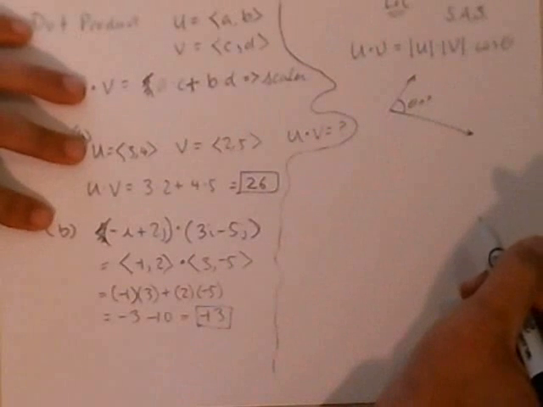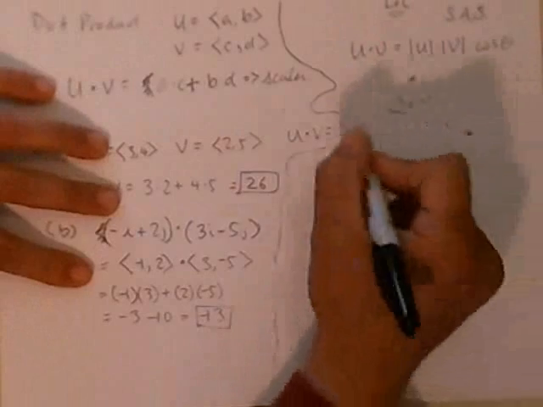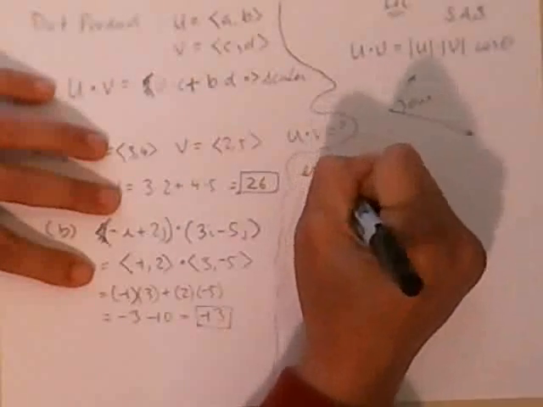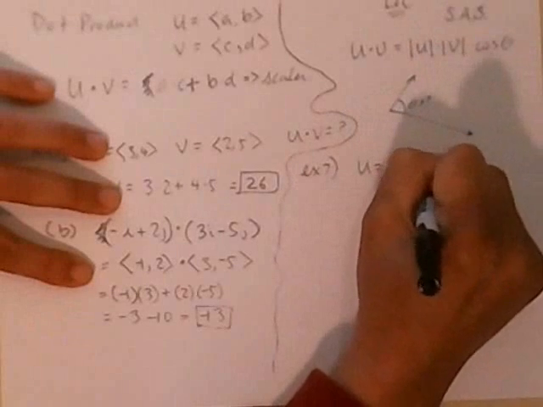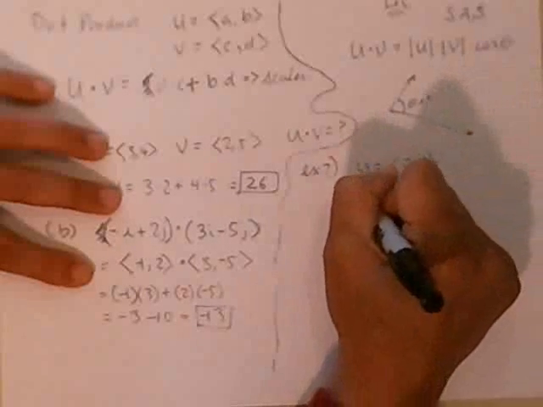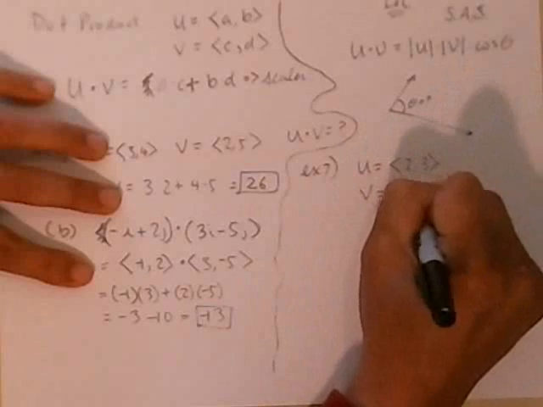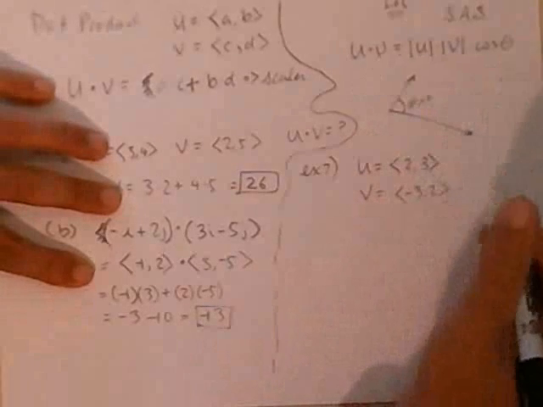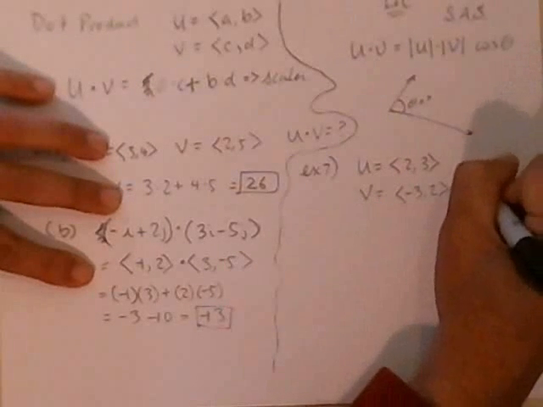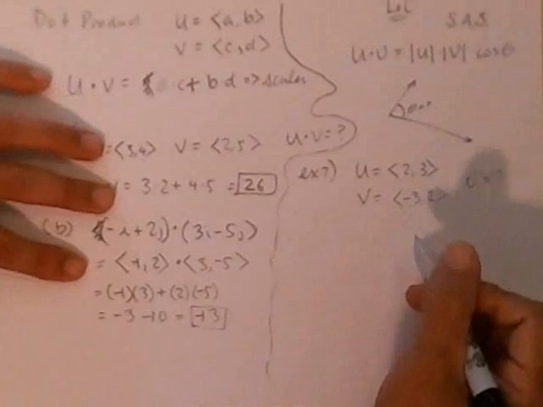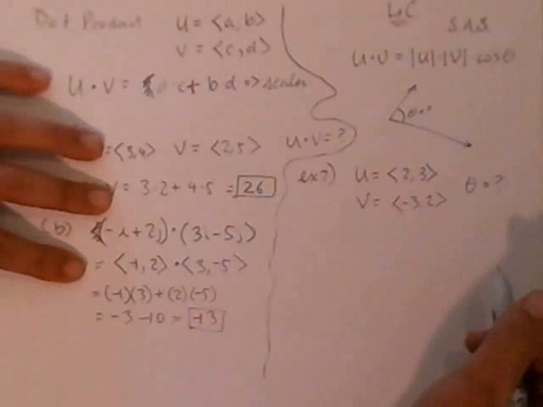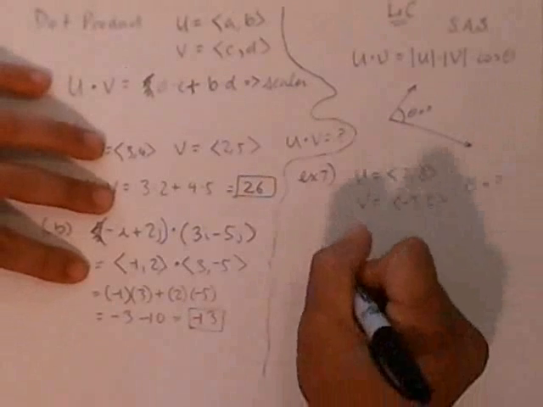Okay. So example 7 says the vector u is 2, 3. Vector v is negative 3, 2. And I want you to find the angle in between those two vectors. Before I do this though, I'm going to try to draw it out.